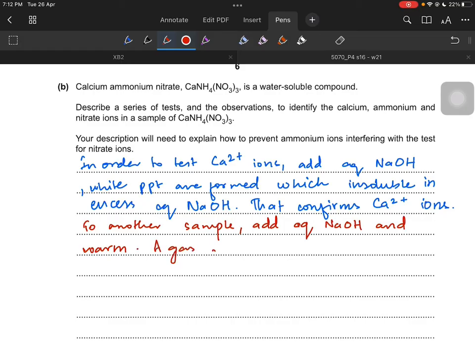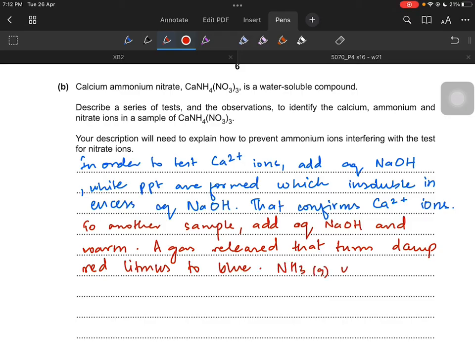A gas released that turns damp red litmus to blue. So ammonia gas was produced that confirms ammonium ions, because ammonia can be released by ammonium ions.